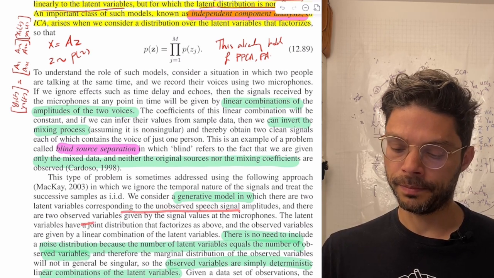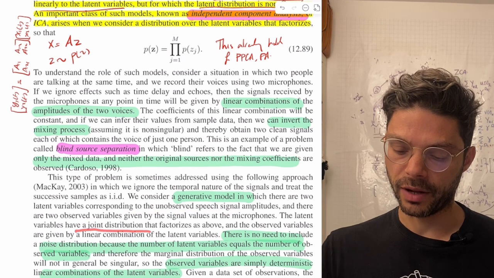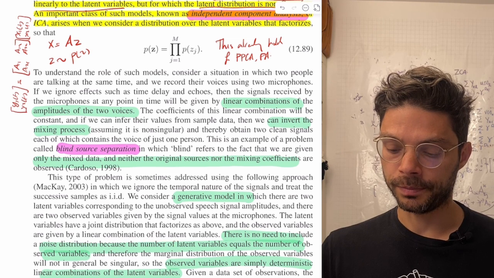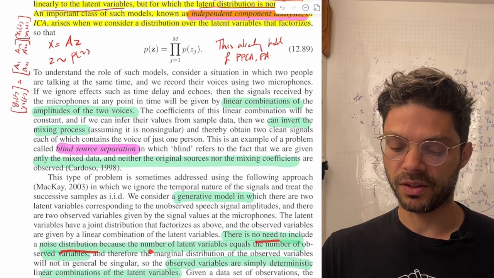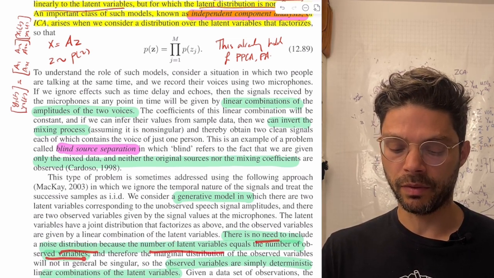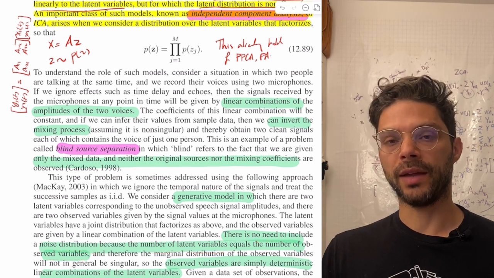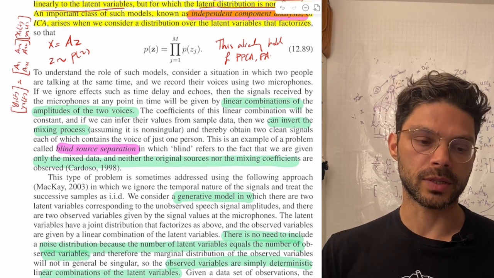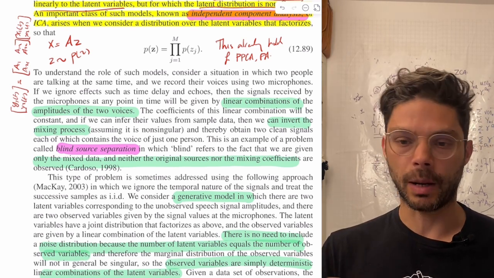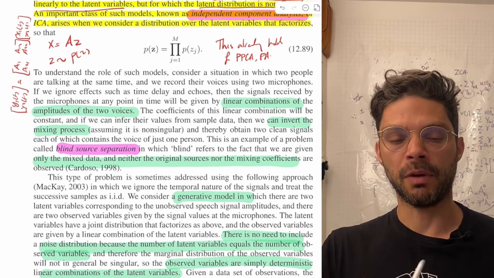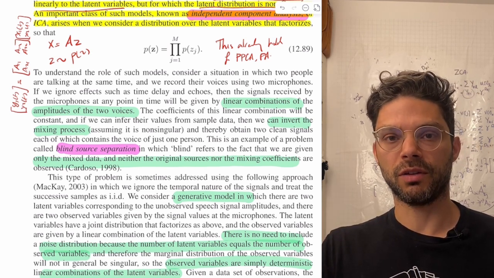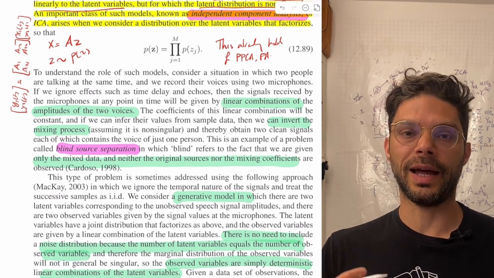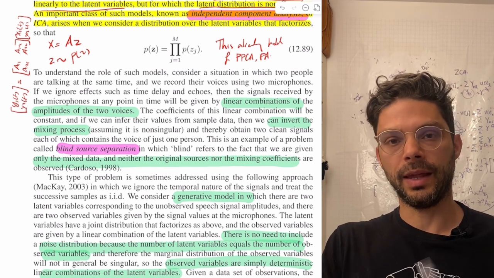The latent variables have a joint distribution that factorizes as above, and the observed variables are given by a linear combination of latent variables. There's no need to include a noise distribution because the number of latent variables equals the number of observed variables. Remember, in probabilistic PCA we had to bring in a noise distribution, partly because that was the nature of the problem: we assumed the data was coming from some projection from a two-dimensional surface plus some noise, and it also allowed us to give meaningful likelihoods to points that didn't lie exactly on that two-dimensional projection.